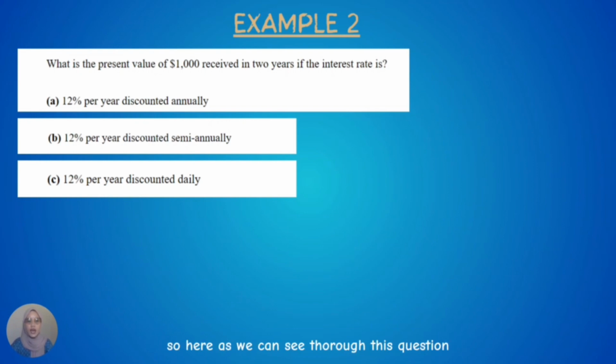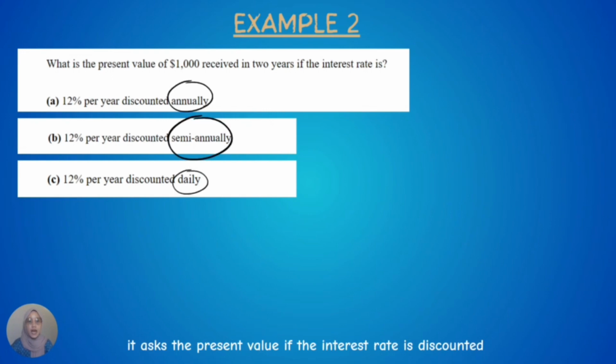So here, as we can see through this question, the difference of each A, B, and C is it asks the present value if the interest rate is discounted annually, semi-annually, and daily respectively.